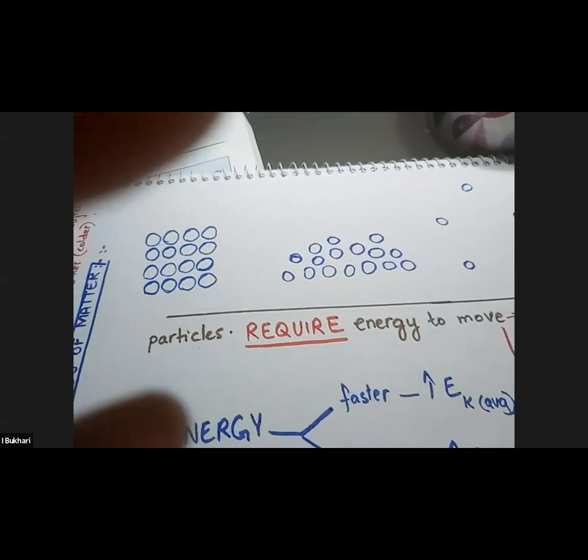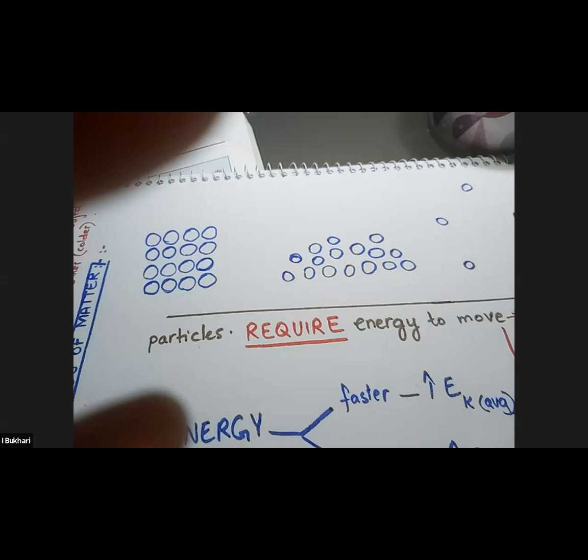Wait, let me check. Less attraction. Okay, less attraction between each particle. Potential energy is also elastic energy. Yes, Hala, you are close. Collision between particles decreases. Amna, yes, you are right, that is gravitational potential energy, but I am talking about particles here, and we're talking about the changes of states of matter.